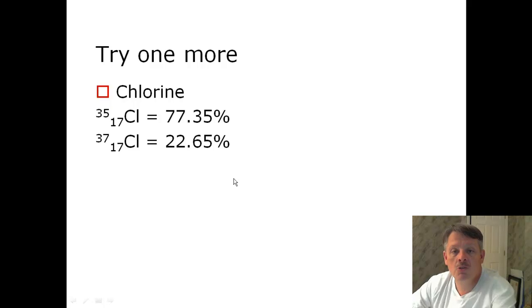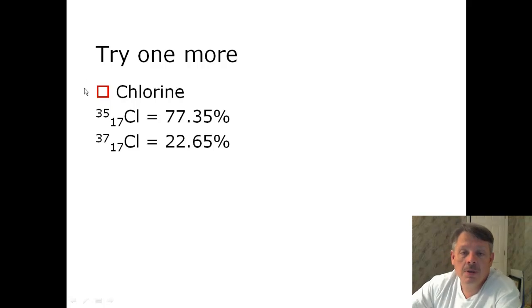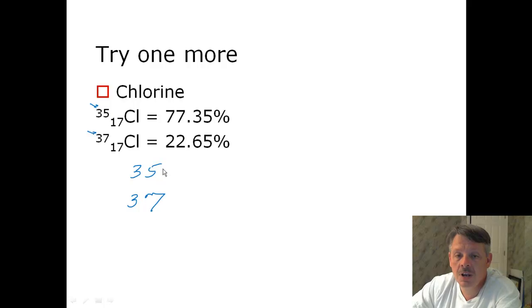So, you try one, right? You can just assume that chlorine weighs 35 and this chlorine has a mass number of 37. Okay? Pause the video, go ahead and do it, and then come back and I'll do it with you. Okay, we have a mass of the first isotope of 35, and a mass of the second isotope of 37 atomic mass units.